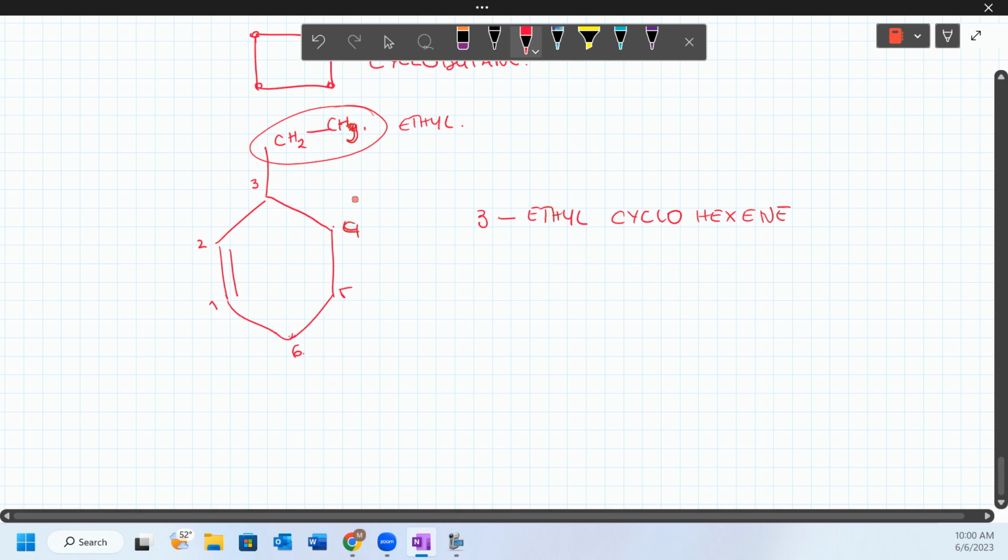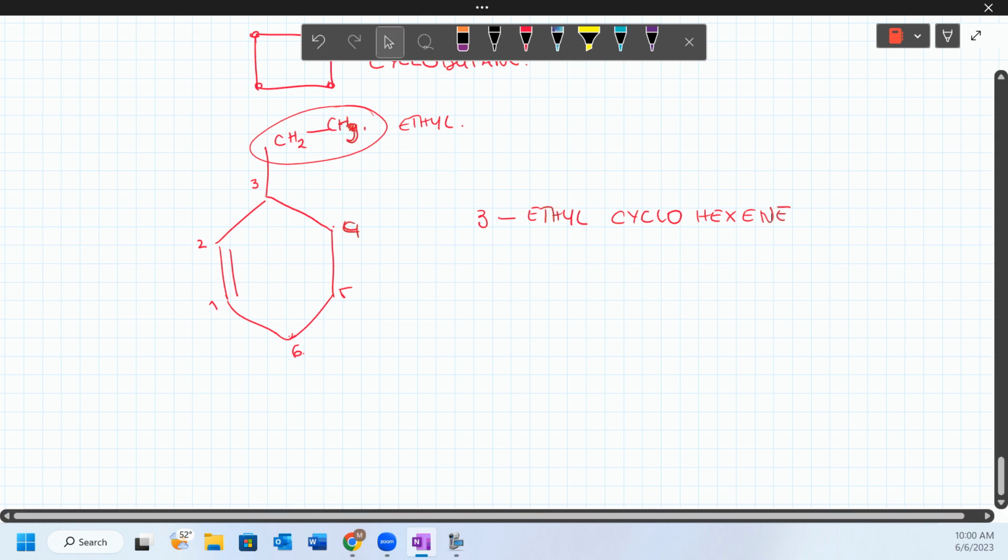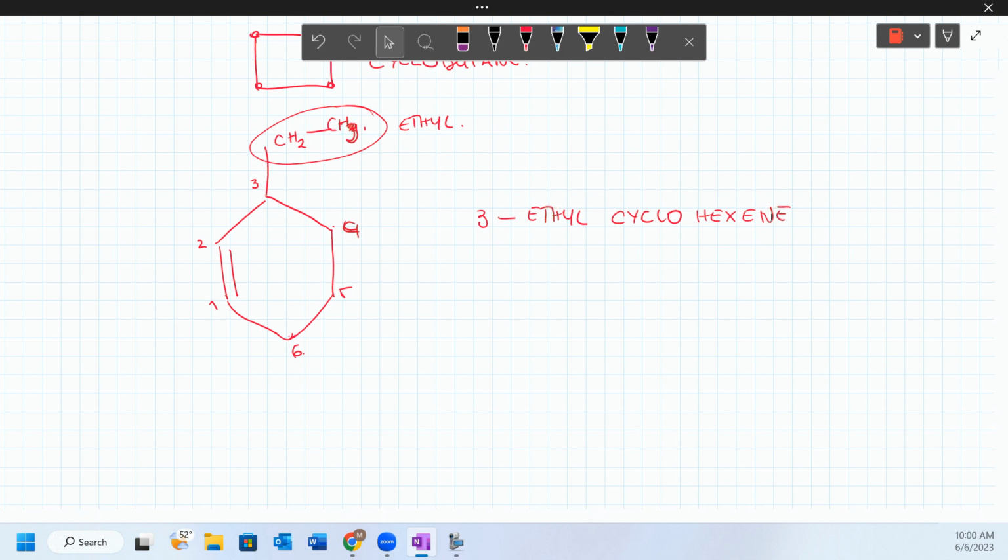We don't have to mention at what place is the double bond or the triple bond in the cycle, because it is supposed to always start at the first place. So always the double bond will be at the first place.